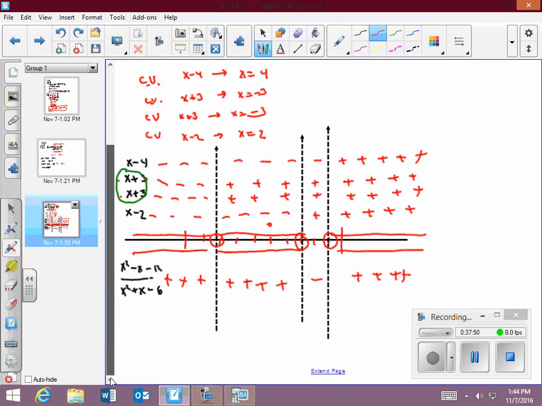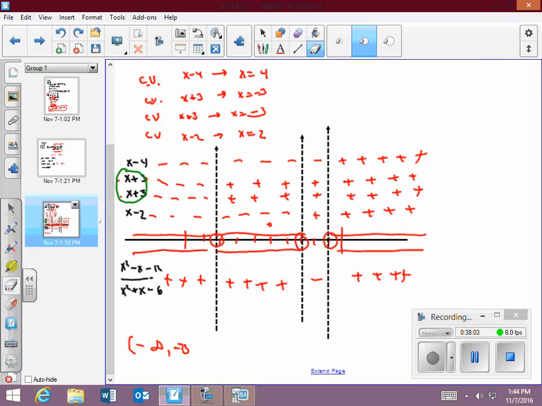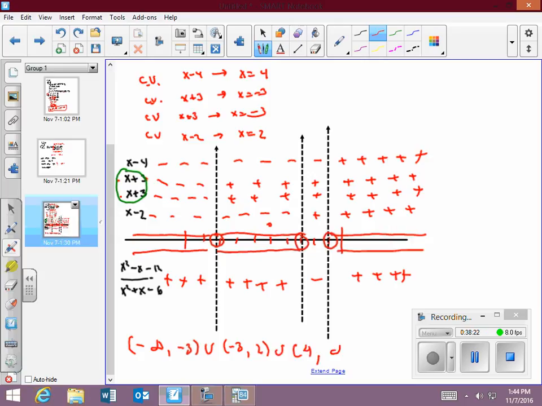If I wrote it in interval notation, I'd say minus infinity to -3, in union with -3 to +2, in union with 4 to infinity. Correct? That's where it's going to be positive.